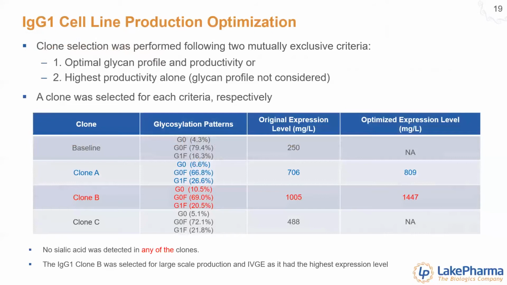And after we optimized the expression, we could improve clone A to 809 milligram per liter and clone B to 1,447 milligram per liter. And in this case, clone B from a productivity perspective is better. But then if you look at clone A, we do see a higher G1F profile. So normally we might have taken clone A as a molecule to move forward. So that's the A and B, which we're comparing in IVGE.